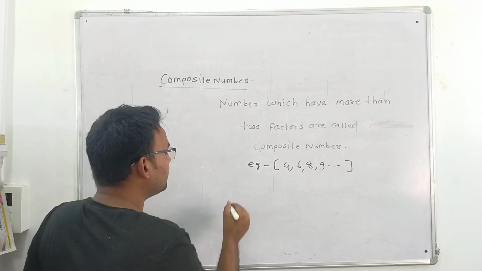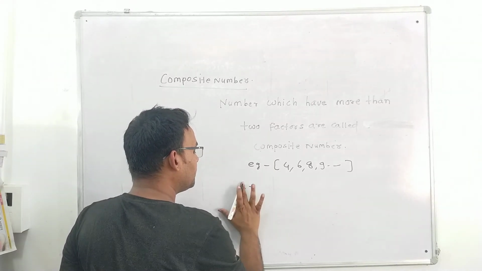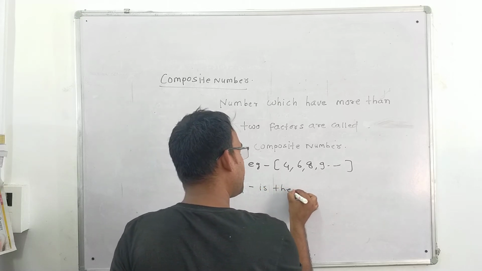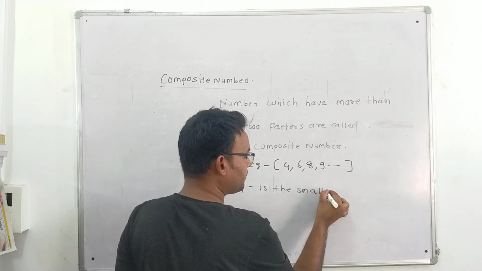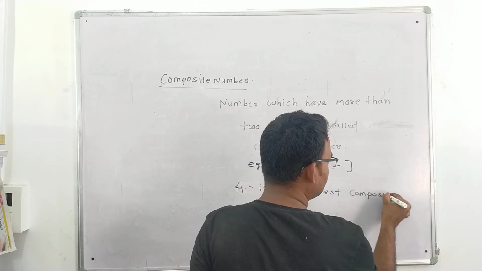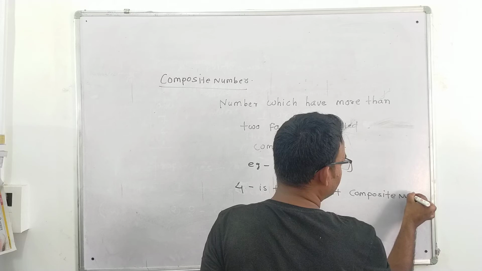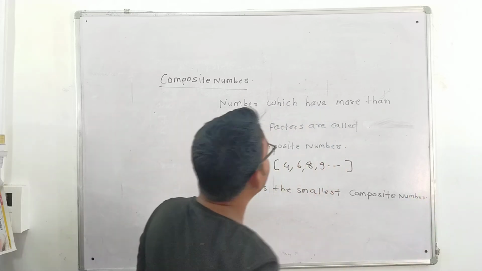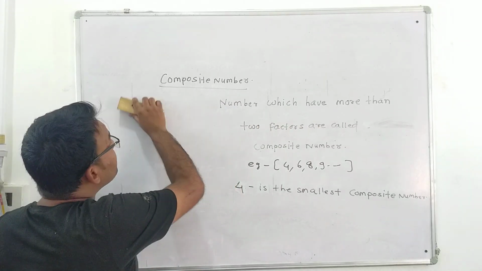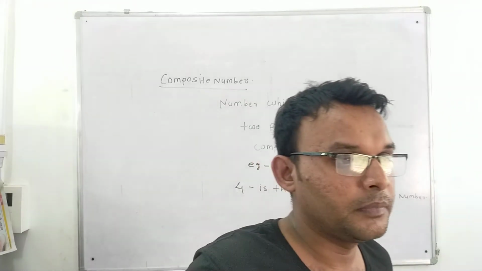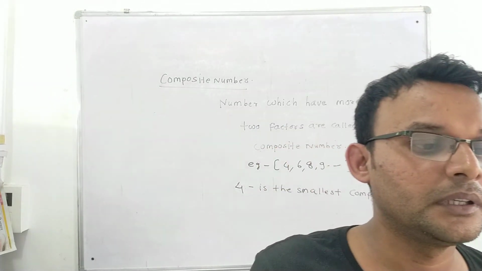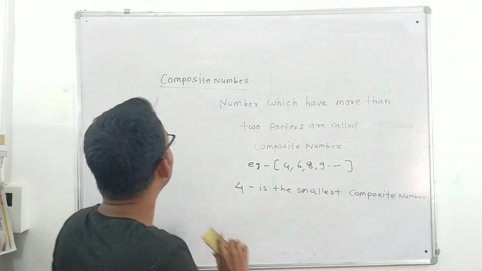Here 4 is the smallest composite number. Next we will see the twin prime number and the co-prime number.